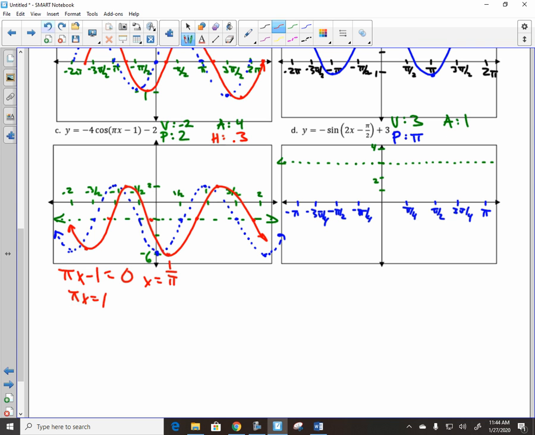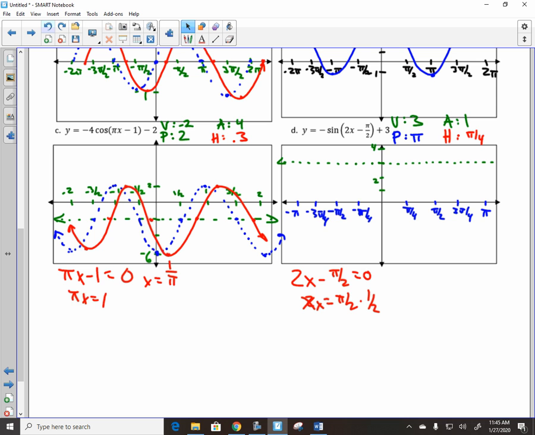There is. What is the horizontal shift? Pi over 4. Right? If we take 2x minus pi over 2 is equal to 0, we have 2x is equal to pi over 2. We divide by 2 or multiply by a half. If you multiply by a half, you can see you get pi over 4. Pi over 4 is one whole tick mark.